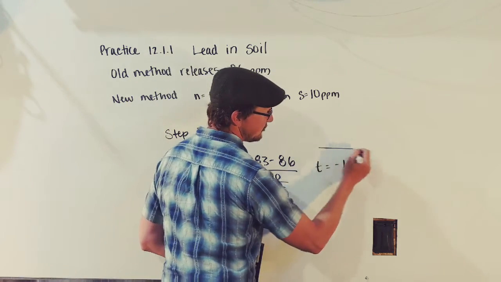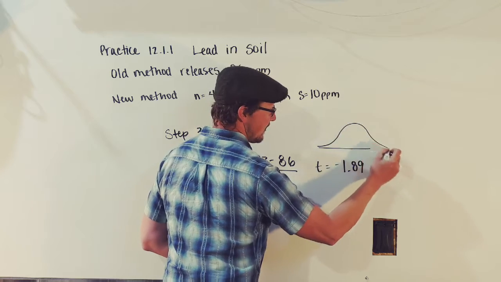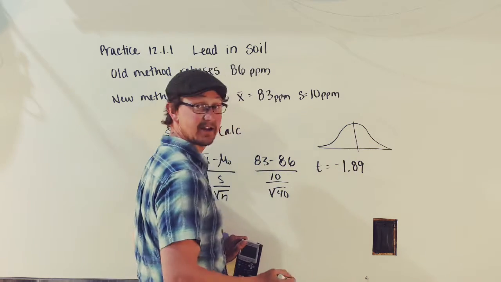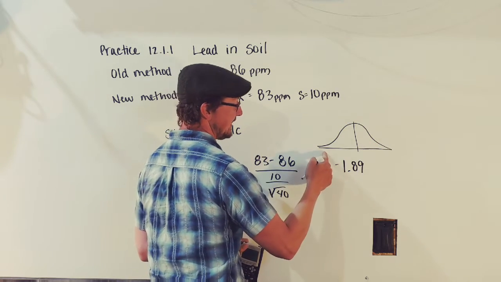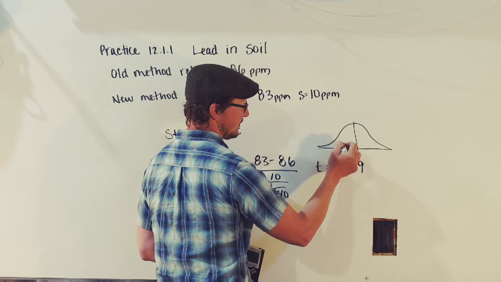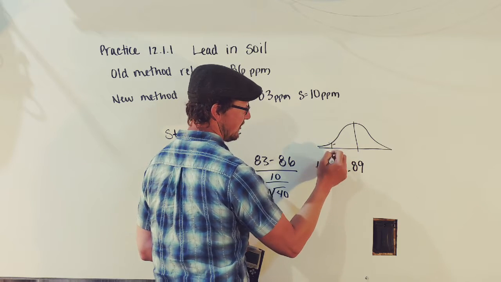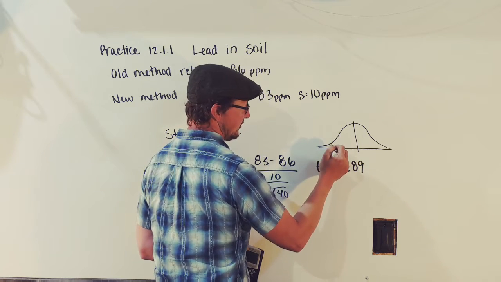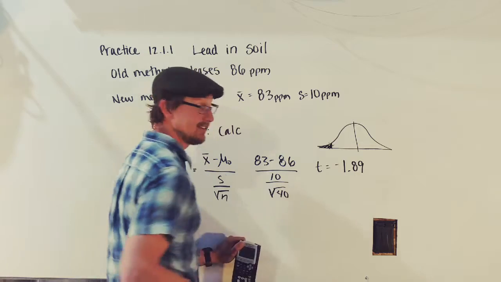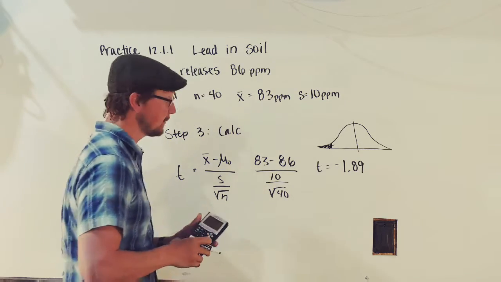If I was to draw a picture of this, here's my mean right there in the middle. Negative 1.89 standard deviations brings me to about there, and so we're investigating that zone. How big is that shaded area?